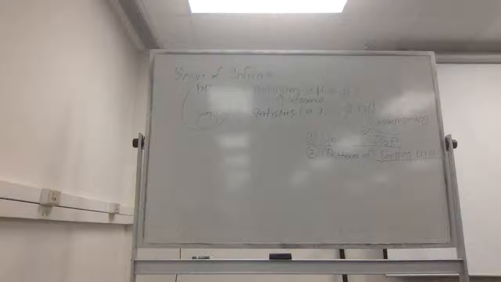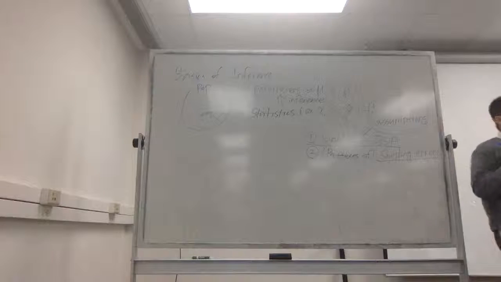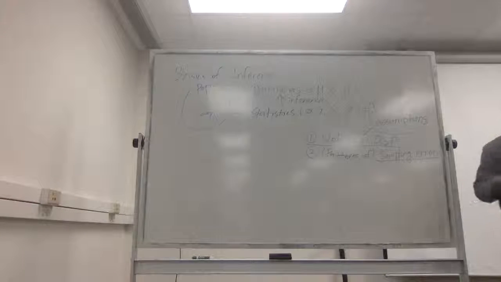Yeah, exactly. So sampling error is precisely because we don't have all the people in the population. We happen to pick some different people compared to the population, or all the people in the population on average. Good.